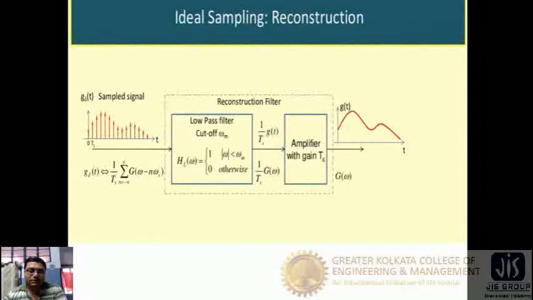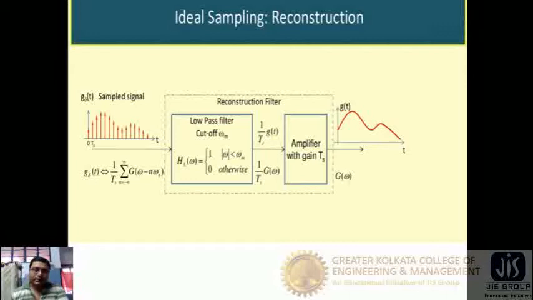It is the reconstruction of the sample. We put a low pass filter in the sampled signal, and we can reconstruct our original input signal with the help of a simple low pass filter along with an amplifier. The amplifier is there so that the gain of the signal is amplified to our desired level.